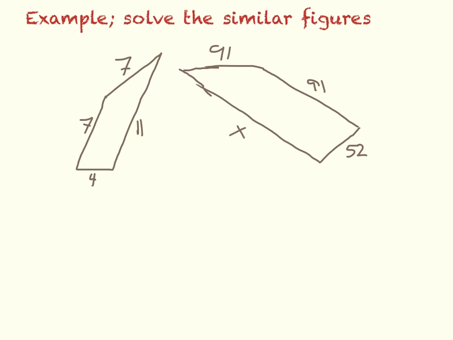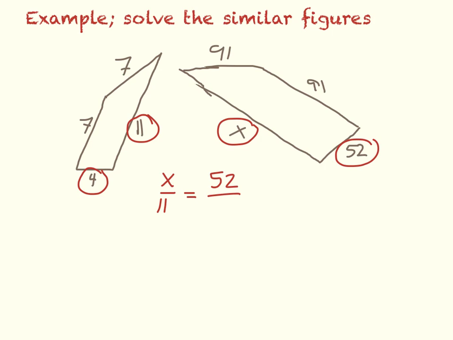In this next example, again, we are going to be looking for the x, so that seems to be the longest side, so I'm going to go x over 11, the corresponding long side, equals what? Now I just pick any side I want, and they're corresponding, so I'll pick the 52 and the 4. So the x was with the 52, and the 4 was with the 11, so there we go.